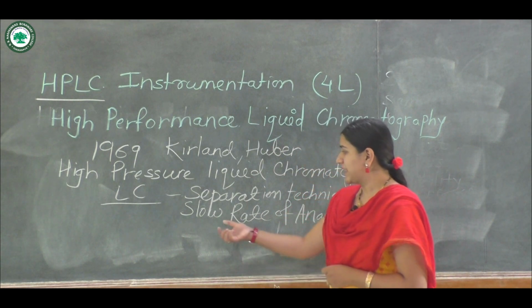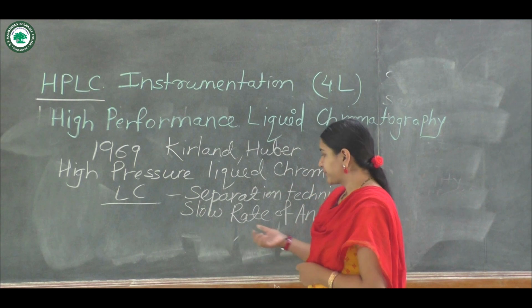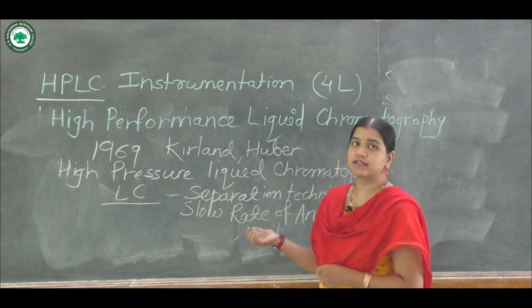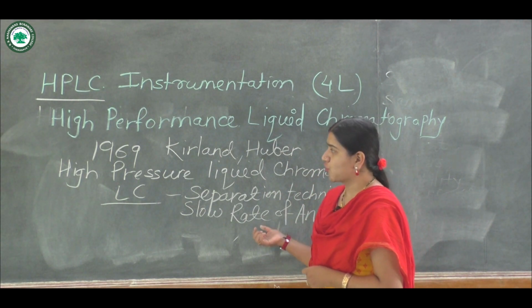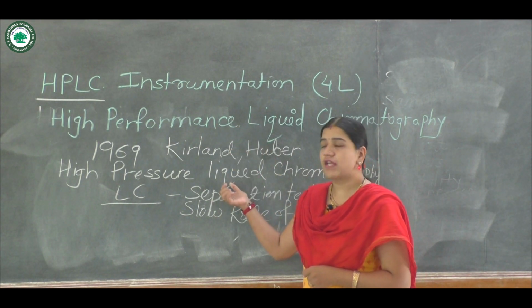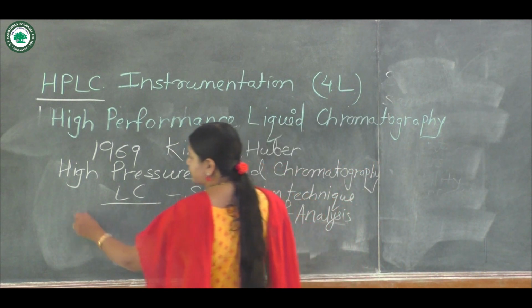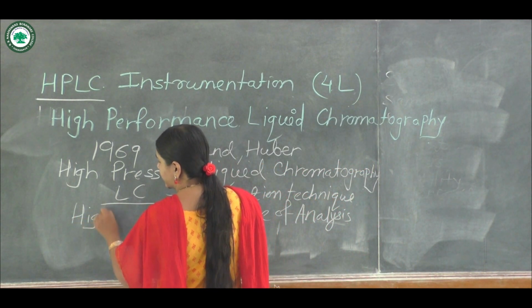Hence, this main disadvantage of liquid chromatography, the slow rate of analysis, is overcome by the HPLC technique. So what we are doing here is purposefully using the high pressure pumps.